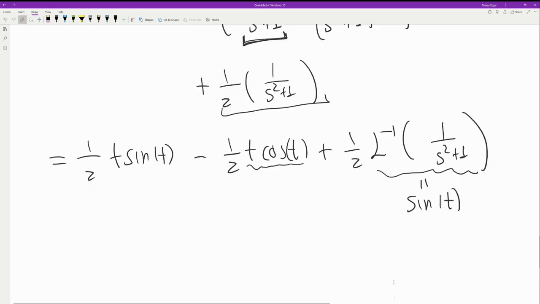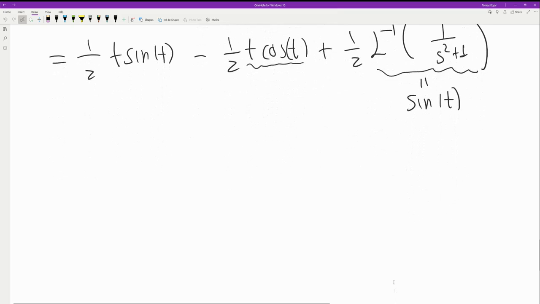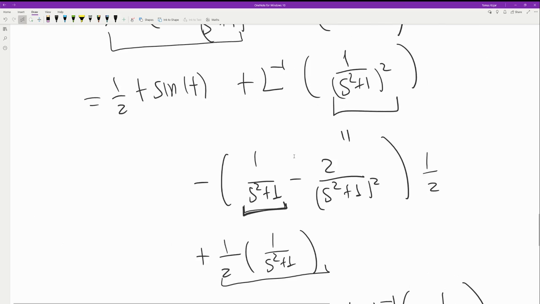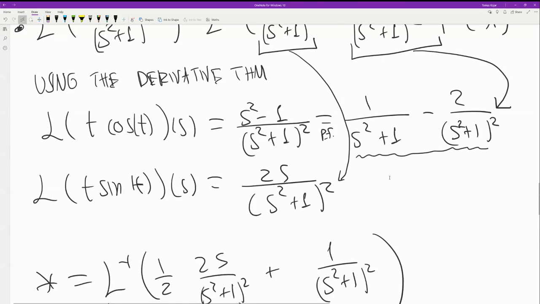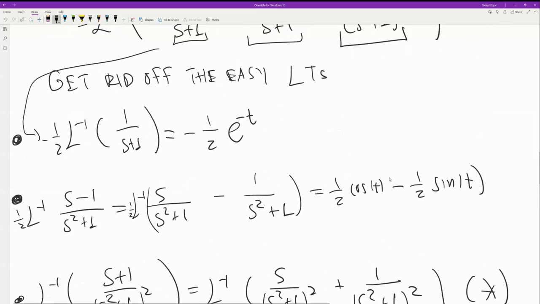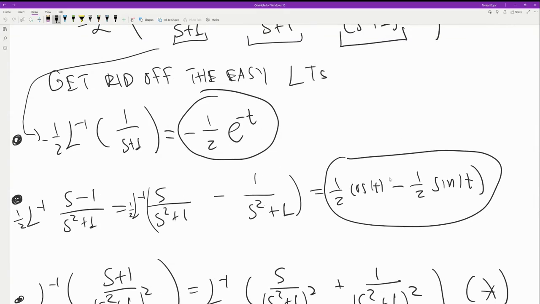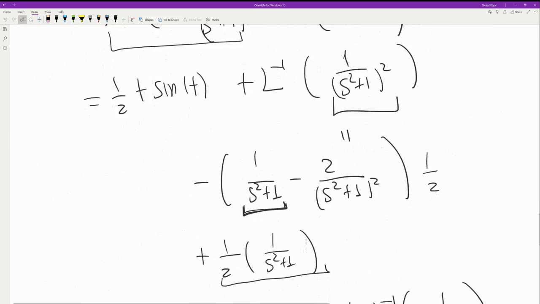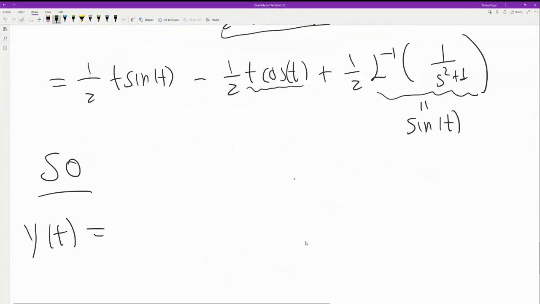Okay, so let me put it together. So this is one term. This is the second term. And then we have to add all these guys.